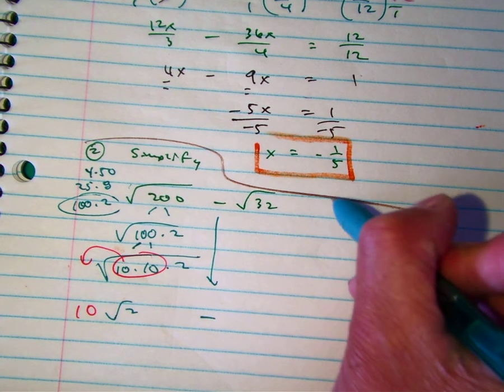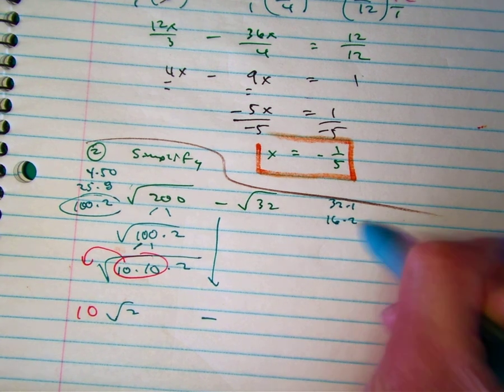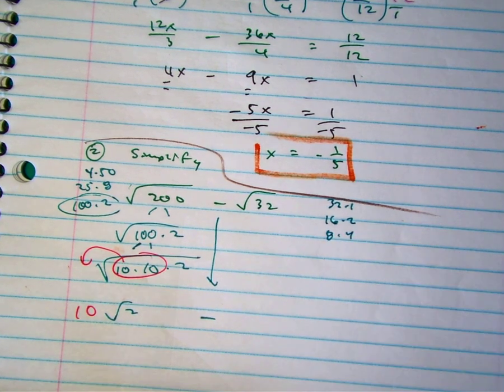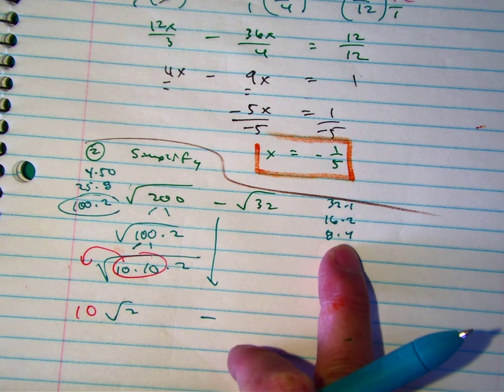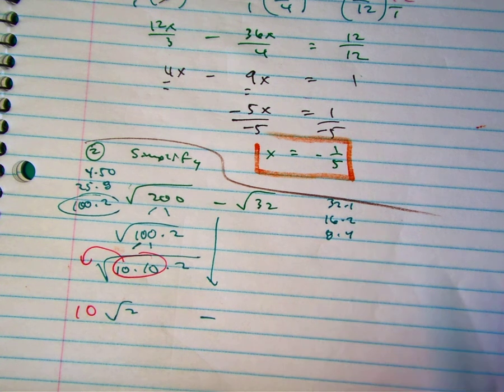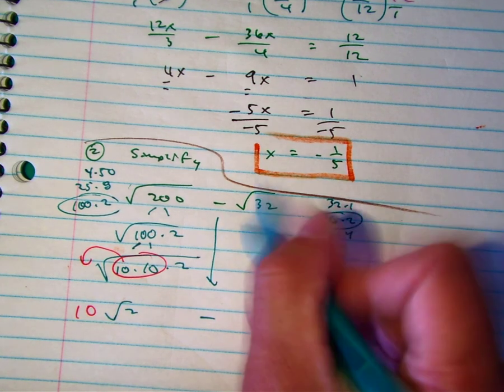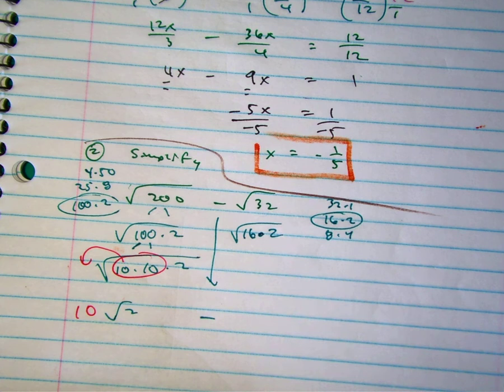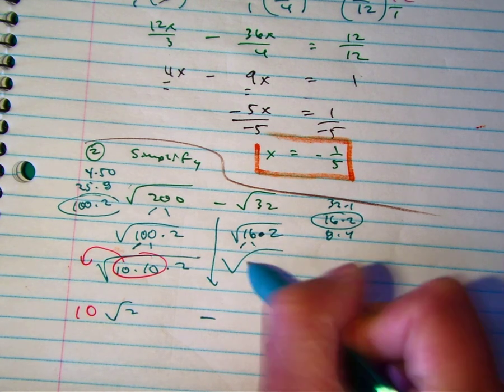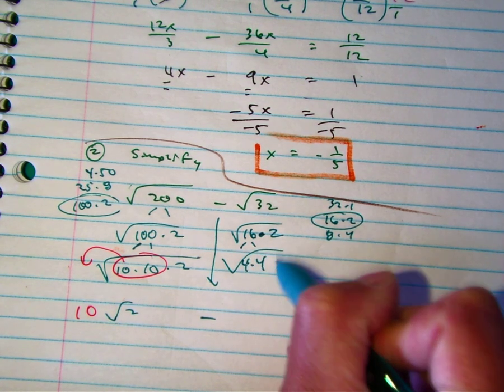So I have 32 times 1, 16 times 2, 8 times 4. Class, would 8 and 4 work? 8 and 4 does work, but the best one is which one? 16 times 2. Because 16 becomes what? 4 times 4, and don't forget that 2.